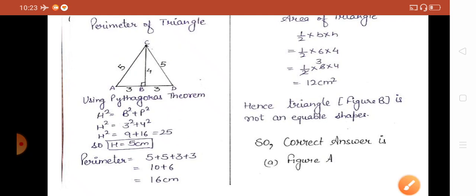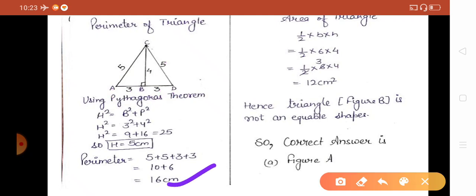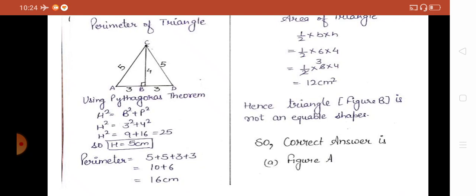So what is the perimeter of the triangle? Sum of all sides. You will add 5 plus 5 plus 3 plus 3, or you can directly write it as 6. So 5 plus 5, 10, 10 plus 6, 16. So the perimeter of the triangle is 16 centimeter. Now we will find the area of the triangle. As we know, the formula for the area of a triangle is half into base into height.